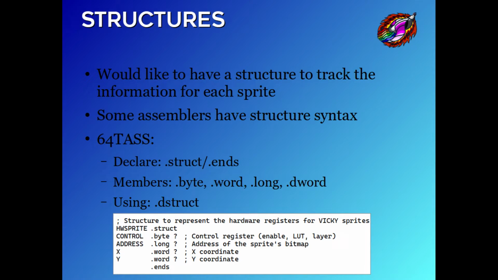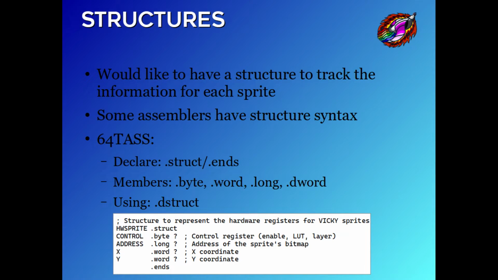So in 64tass, there are three main assembly directives for working with structures. You can declare a structure with .struct and .ends, which stands for end structure. Really, that's just brackets, kind of begin and end keywords for the structure itself.